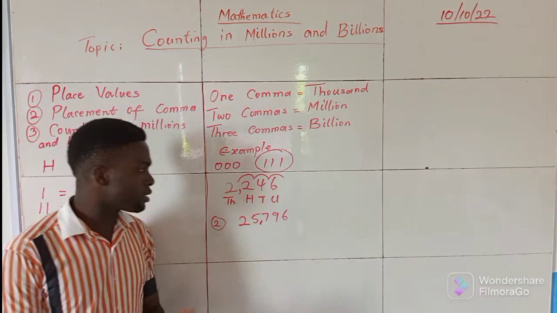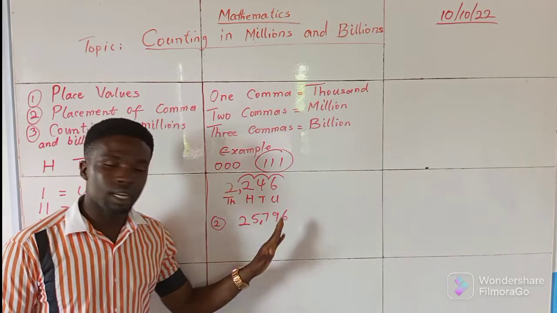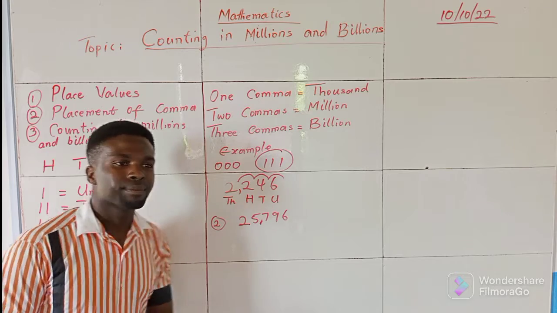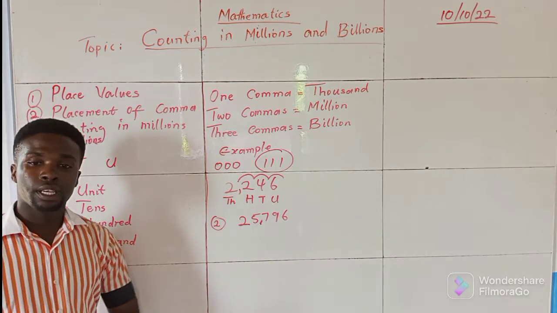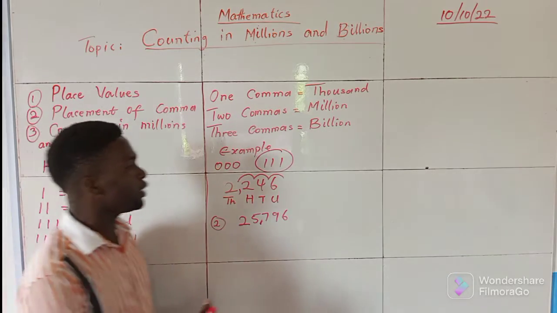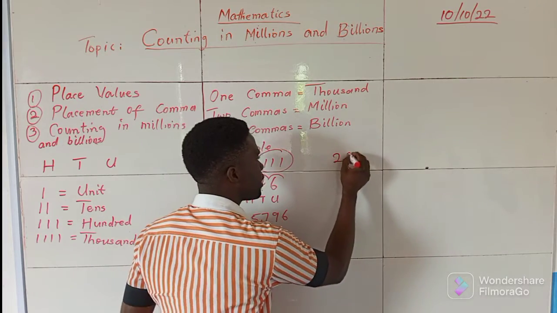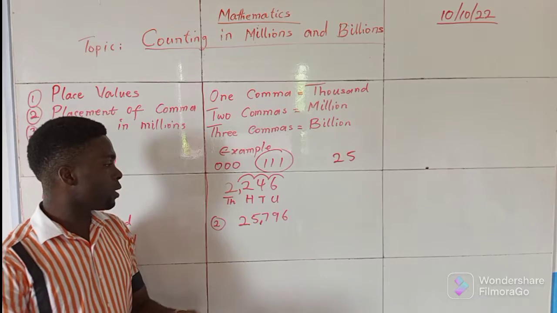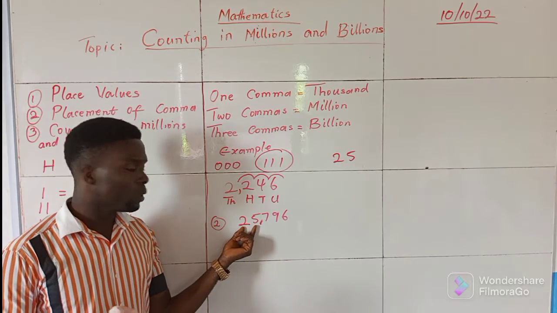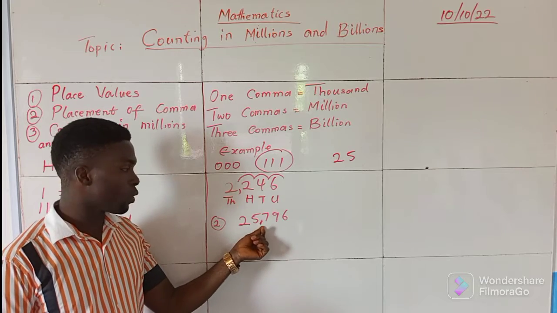That is why I said your hundreds, tens and units are the basics. Are you following? Yes, they are the basics. Here you are back to the same way you call this separately. That is how you are going to call this here, because it's just 2 numbers after your comma.